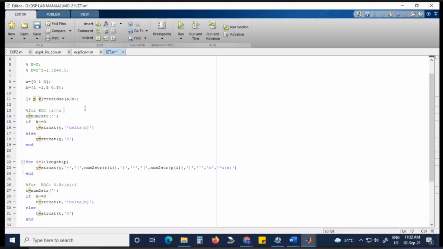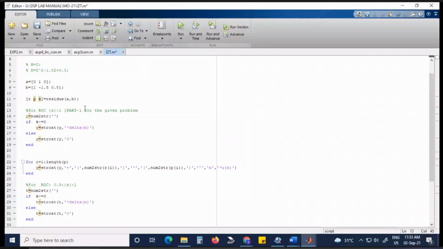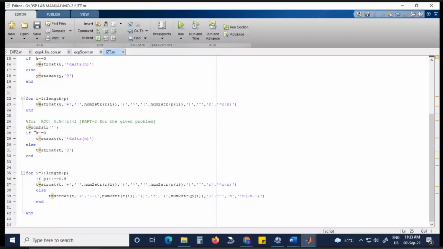Let us write it is part 1 for the given problem, and this is part 2 for the given problem. Again here we consider the null matrix and null string t, and that is actually missing in the file.